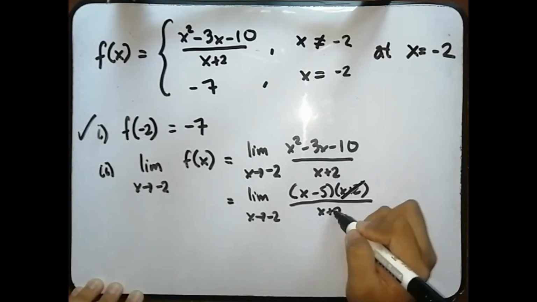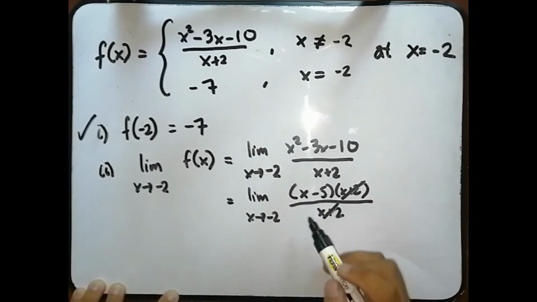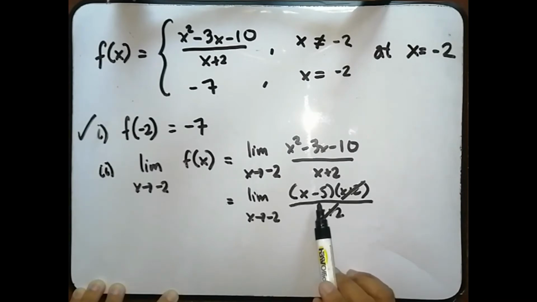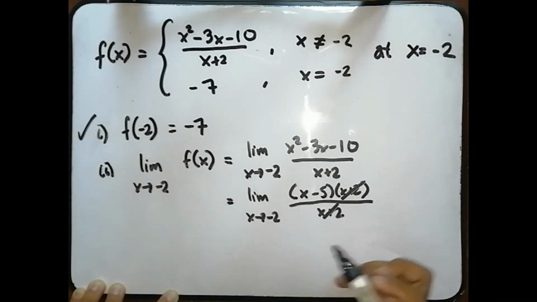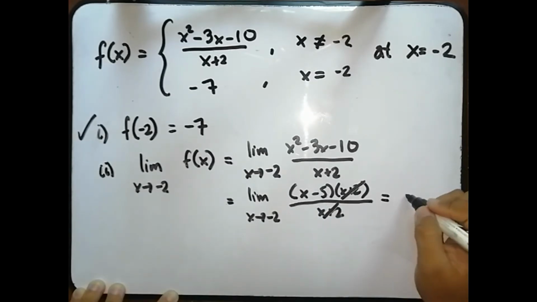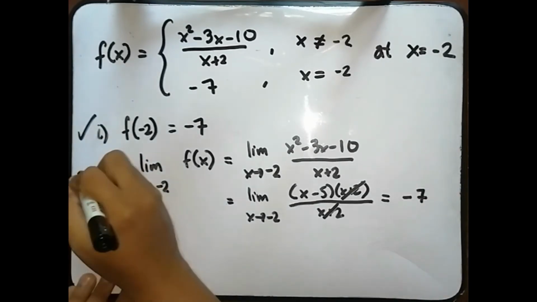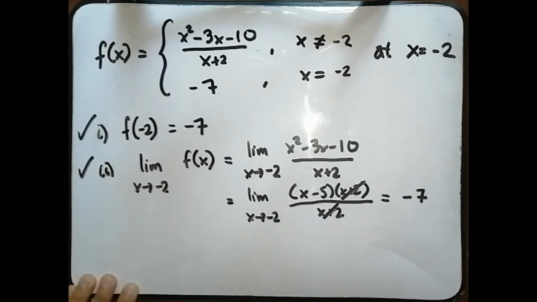So since we have a common factor here, pwede natin siyang tanggalin, which leaves us the limit of x minus 5 as x approaches negative 2. Then by direct substitution, that is equal to negative 7. So check, nag-exist ang kanyang limit.